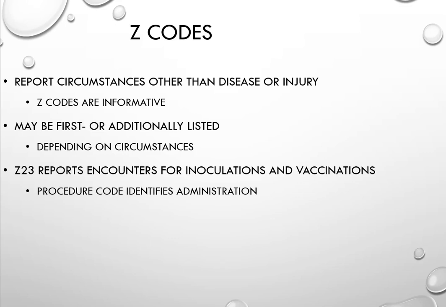There are also circumstances in which patients may need counseling, or they may have been exposed to a disease that they may or may not have contracted. The Z codes are assigned to report these types of encounters and help capture that story accurately. Sometimes the Z code will be the first listed diagnosis, and sometimes it will be a supplemental code. It's going to depend on the circumstance of the encounter.